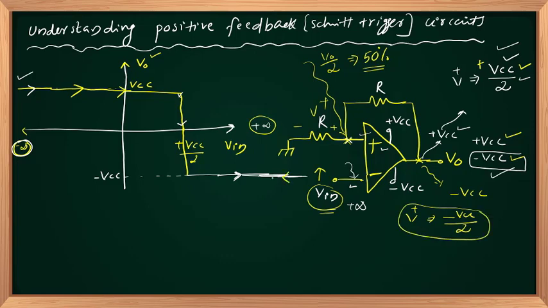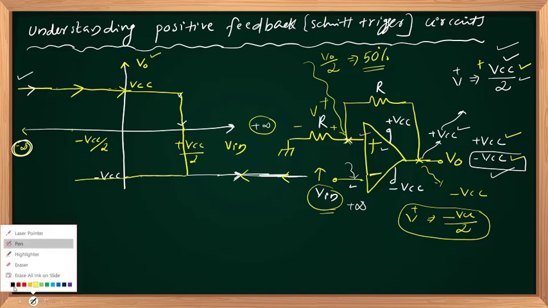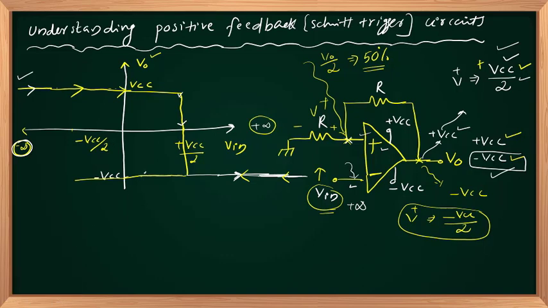If you are decreasing your input, the moment it crosses a particular value, that is minus VCC upon 2, this is minus VCC by 2.